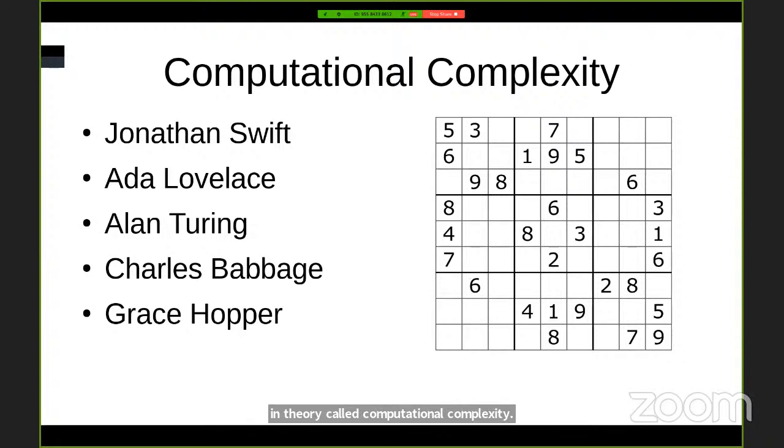On my left is a list of names, and on my right is a Sudoku grid. You know, the game where you have to fill each blank element with a number such that all the rows and columns contain the numbers from 1 to 9. And each 3 by 3 square within the Sudoku also contains the numbers 1 to 9.